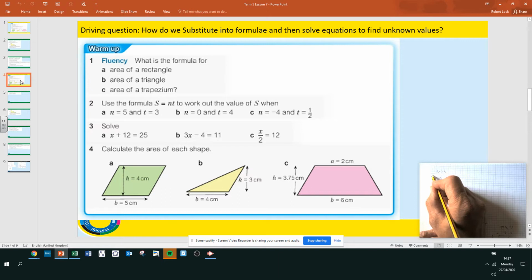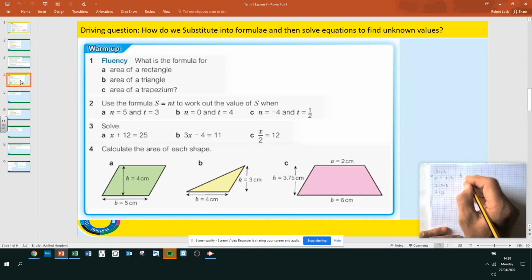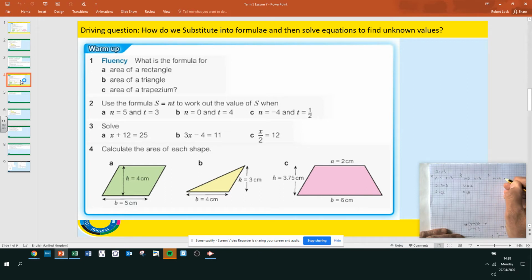That's A. B. n equals 0, t equals 4, S equals 0 times 4, anything times by 0 is 0. C. n equals minus 4, t equals a half. So S equals minus 4 times a half, or 0.5. Half of 4 is 2, so S equals minus 2.